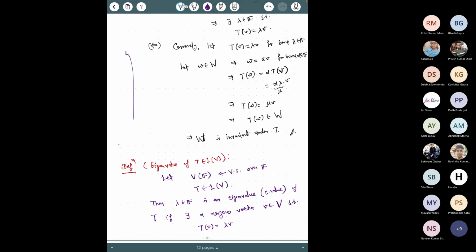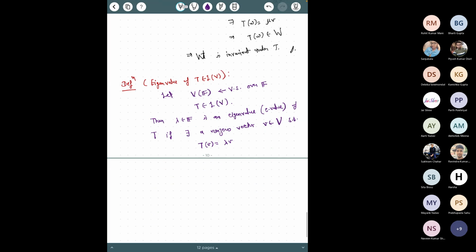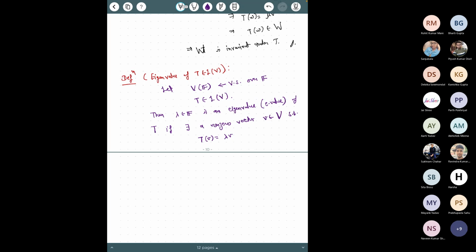So if there exists a scalar lambda and non-zero vector v such that this expression is satisfied, then you say lambda is an eigenvalue of T, and this vector v is called an eigenvector of T with respect to eigenvalue lambda.